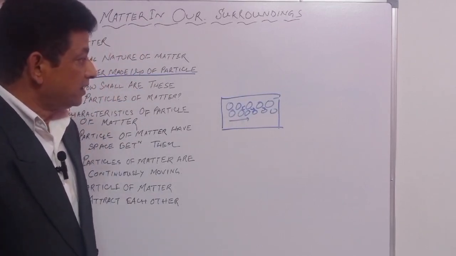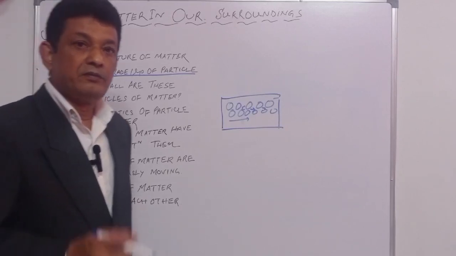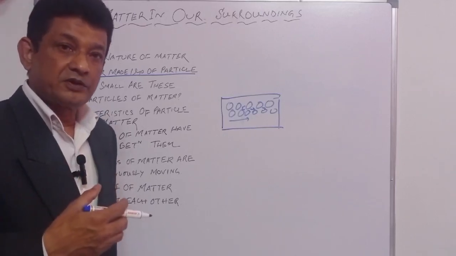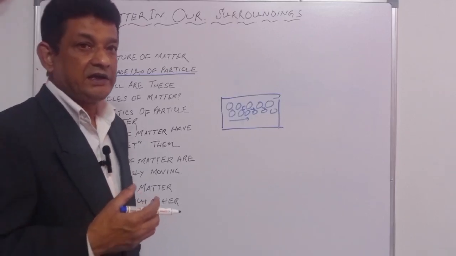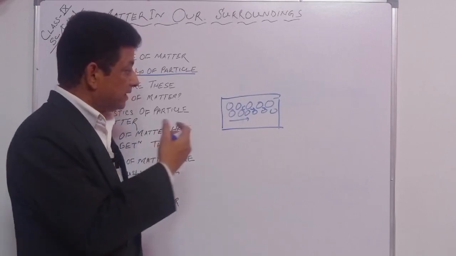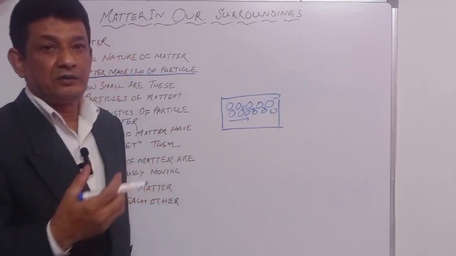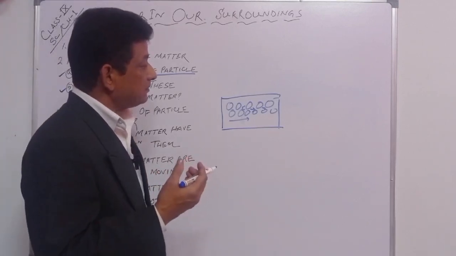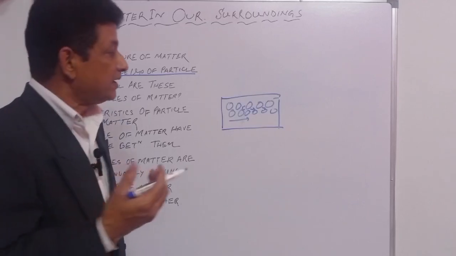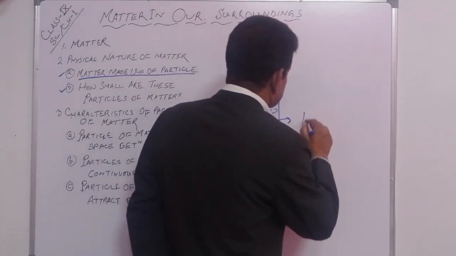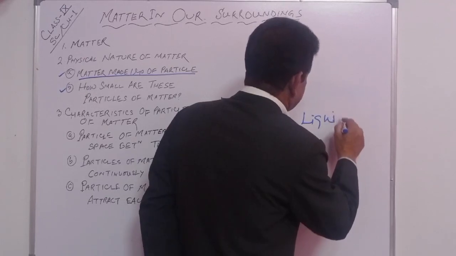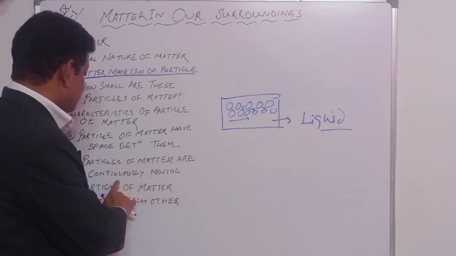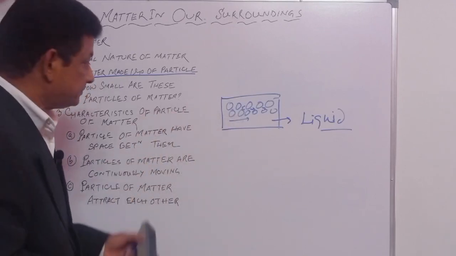If we increase the temperature, the movement of the particles will be more. Already they possess kinetic energy, and if we add heat to the material, the kinetic energy of the particles will be increased. Even after some time or after a stage, it may change its state from solid to liquid because of the movement of the particles.